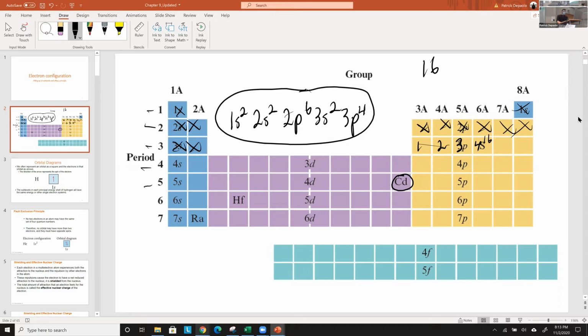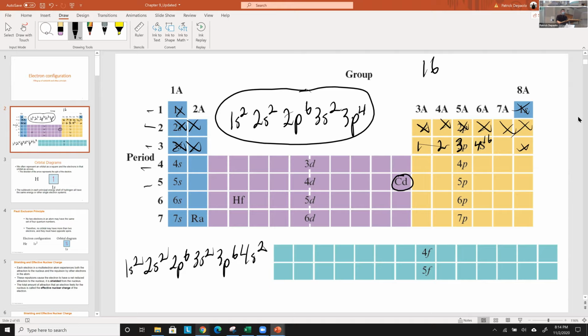Now cadmium, we'll do the same thing. We'll go a little bit faster. 1s2, 2s2, 2p6, 3s2, 3p6, because now we're here. 4s2.